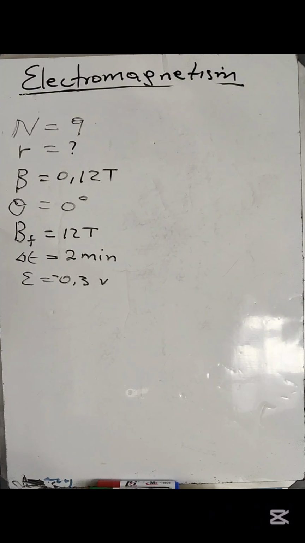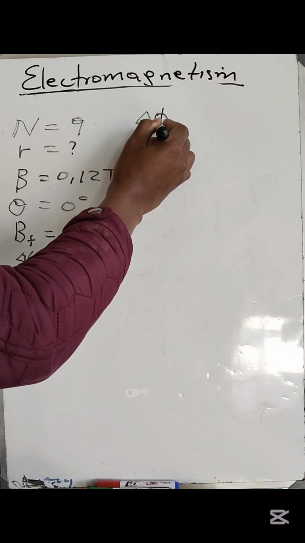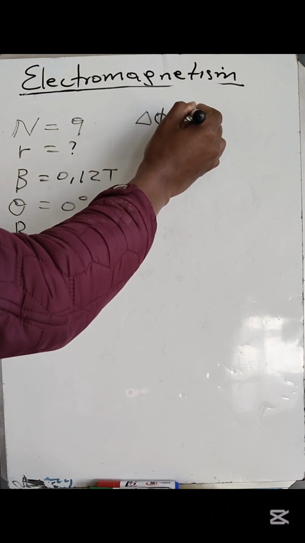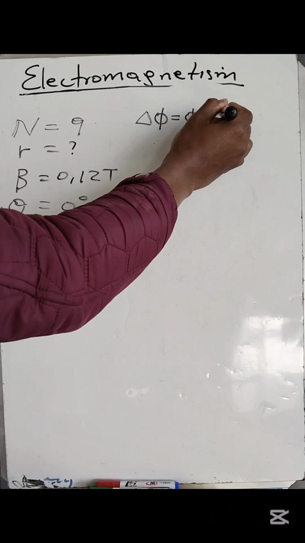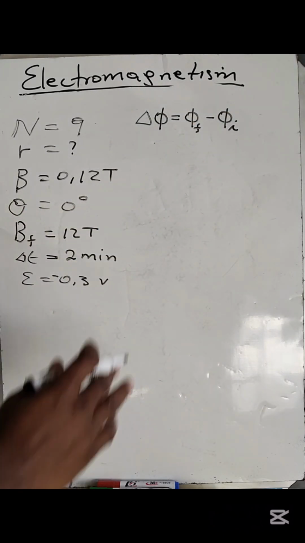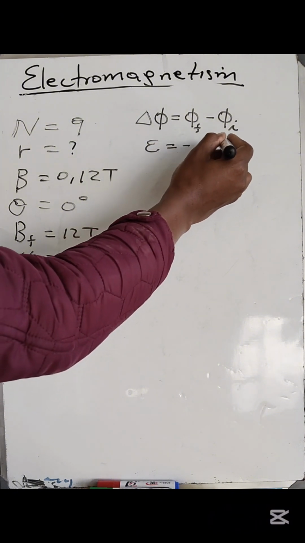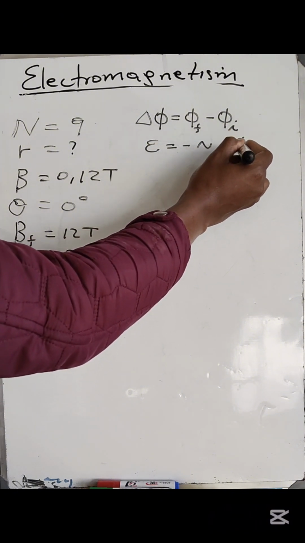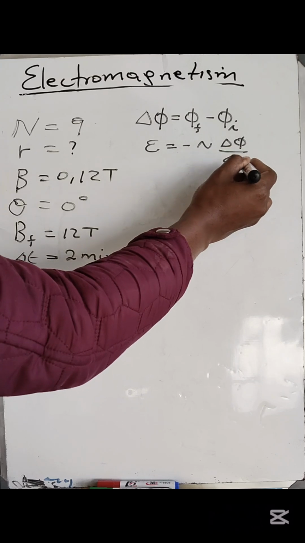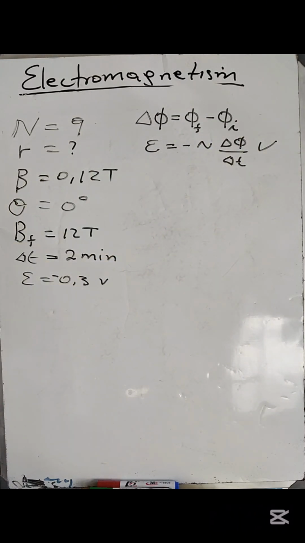Calculate the change in magnetic flux. The first formula that we know about change in magnetic flux is this one. Another one: EMF is minus N, change in flux divided by delta T. We are going to use this one because we do have the EMF, the number of turns, and the time.